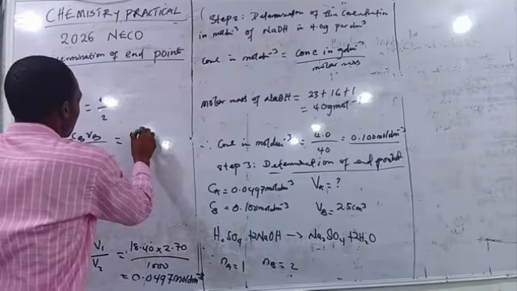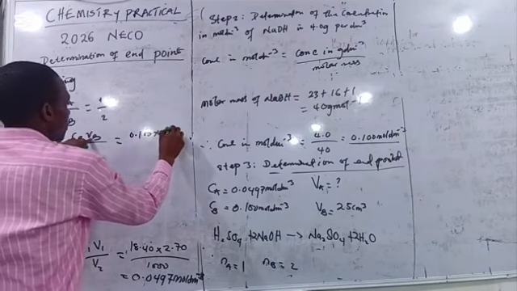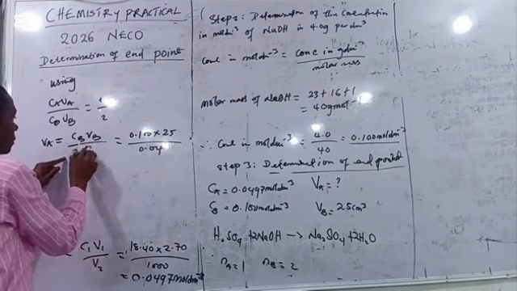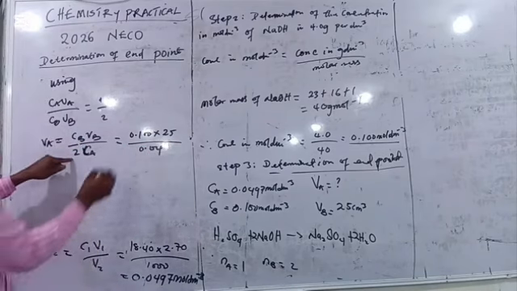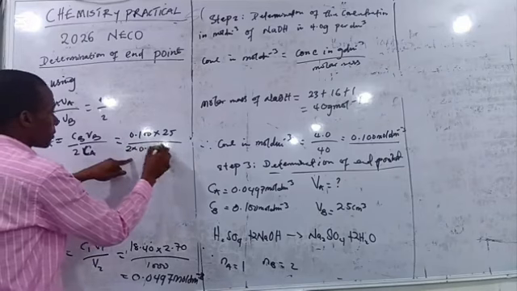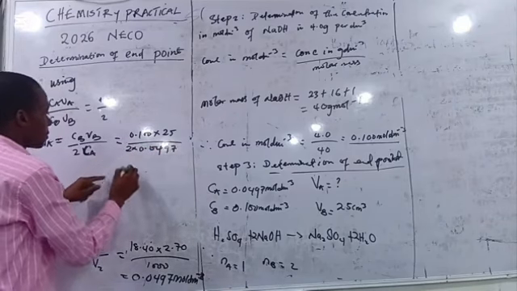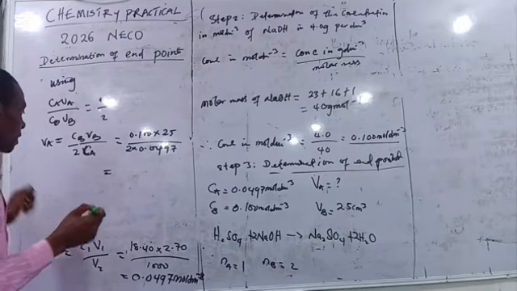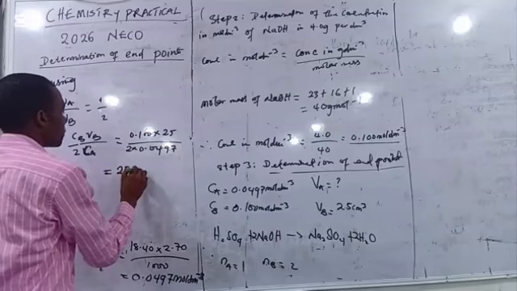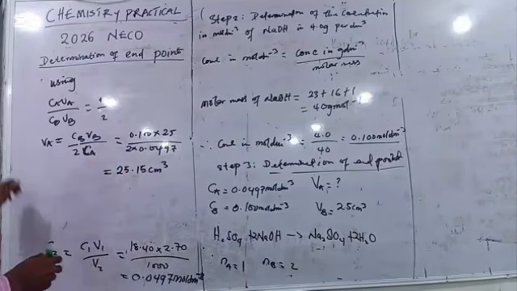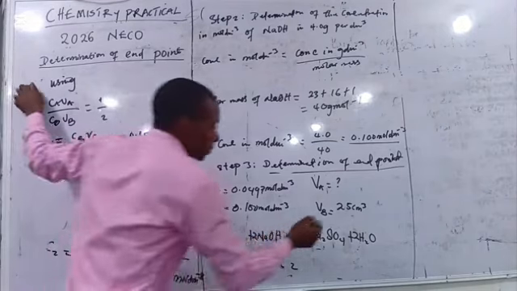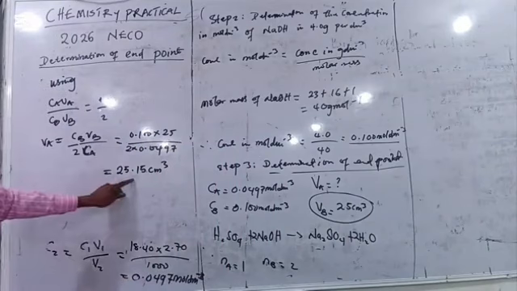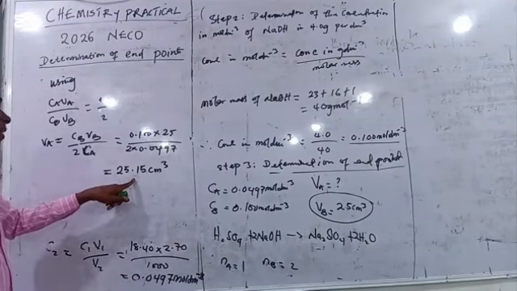So Cb is 0.100 times 25 divided by 2 times 0.0497. If you use your calculator there, it's approximately 25.15. If you are making use of a pipette of 25 cm cube, then your titer value should be 25.15.